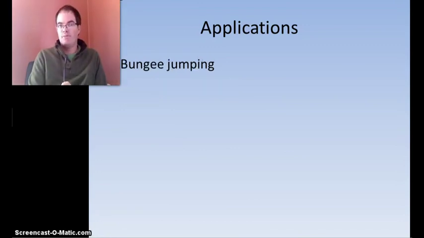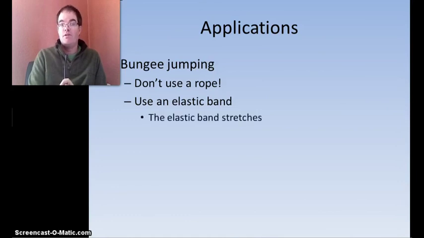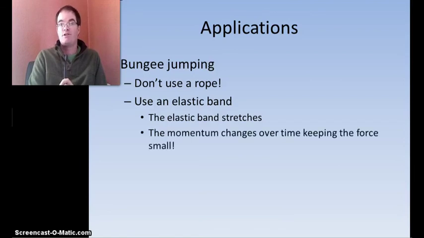In bungee jumping, just think if we used a rope and you jumped off a cliff or a bridge and whang, came to an abrupt stop. No, you want to use an elastic band for this. The elastic band will stretch and basically extend that time over which the momentum changes, keeping the force small.